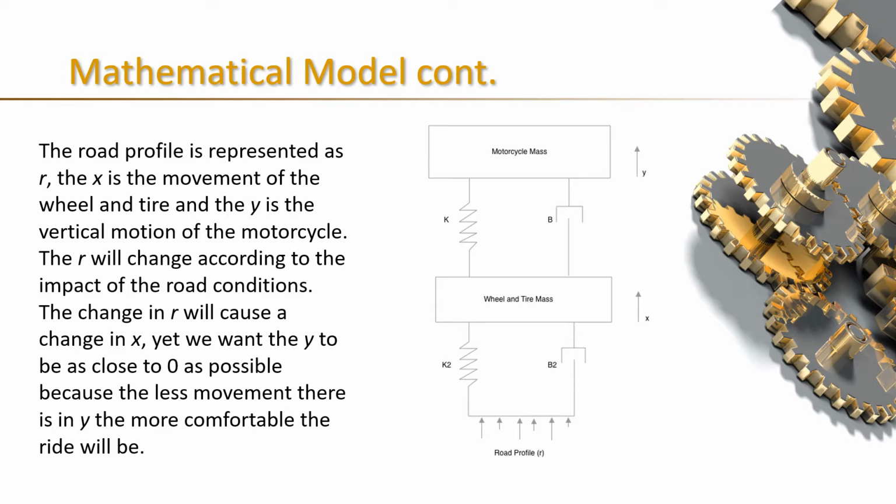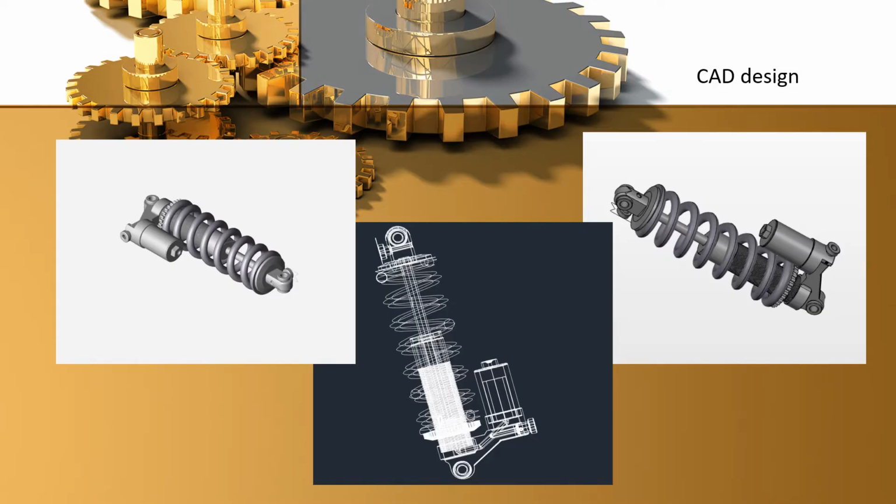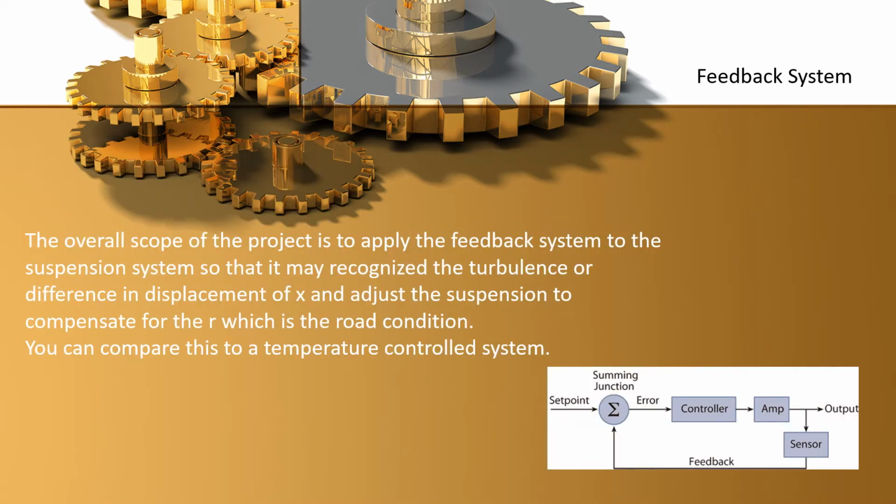So here's a CAD design that I've done to give you an idea of a spring damping system for a motorcycle suspension. The overall scope of this project is to apply a feedback system to the suspension so it can recognize the turbulence and the difference in the displacement of X. The displacement of X is displacement in the wheel.